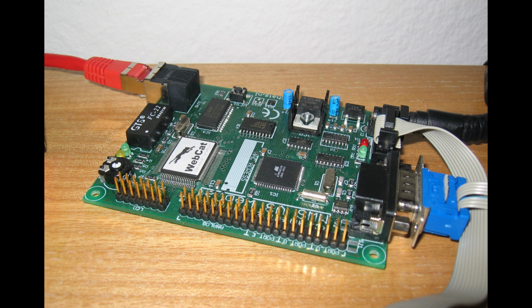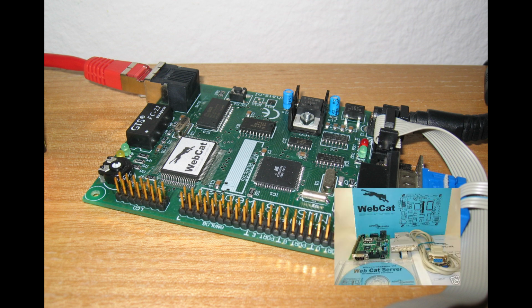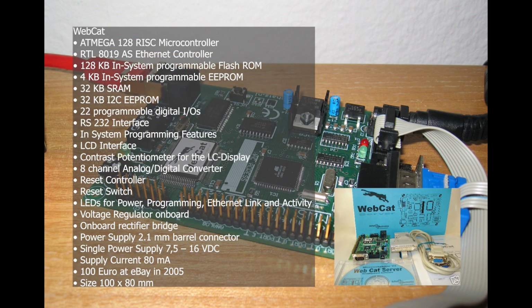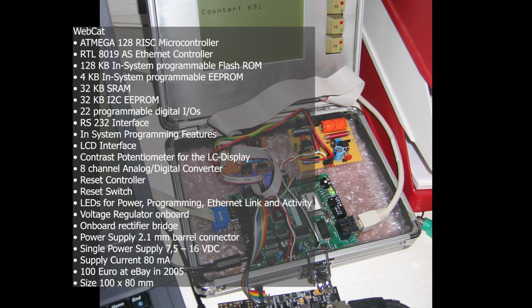Years before Arduino and Raspberry Pi became popular, I was searching for affordable solutions for embedded computing. That's when I came across the WebCat embedded system, a budget-friendly evaluation board with an Ethernet interface, which I purchased for €100 on eBay.